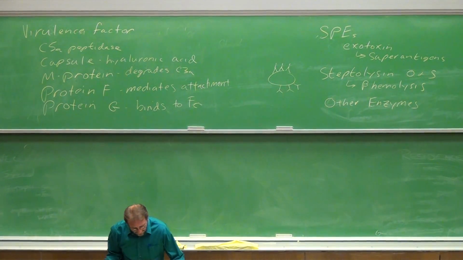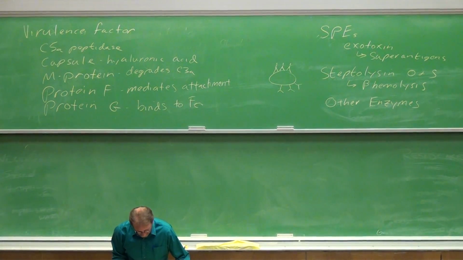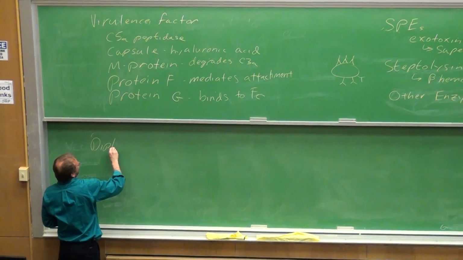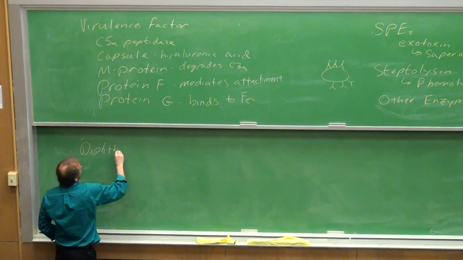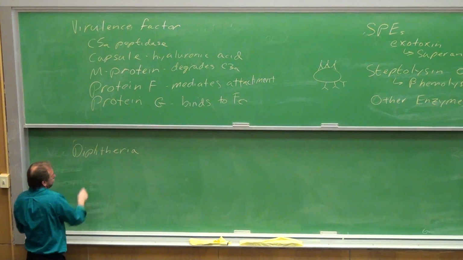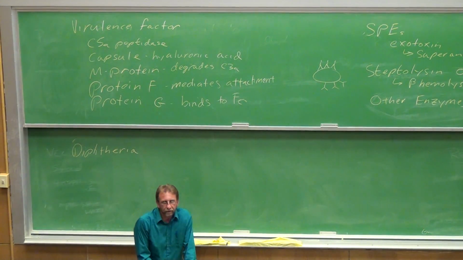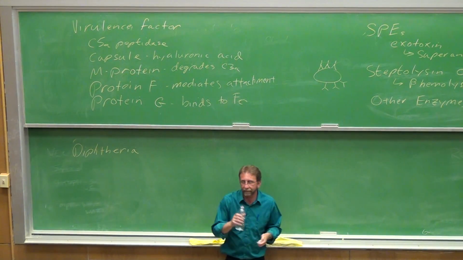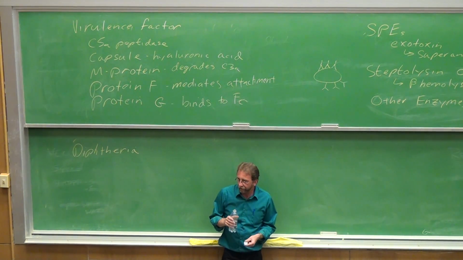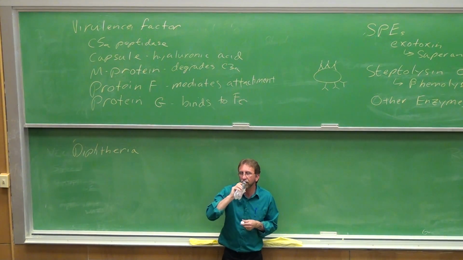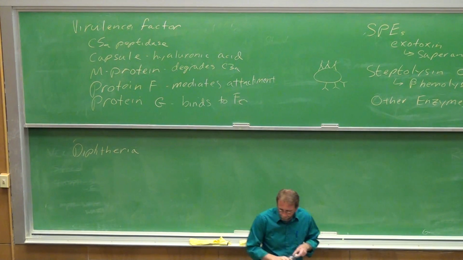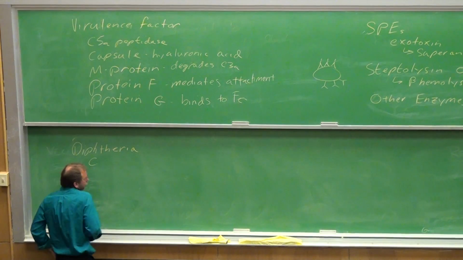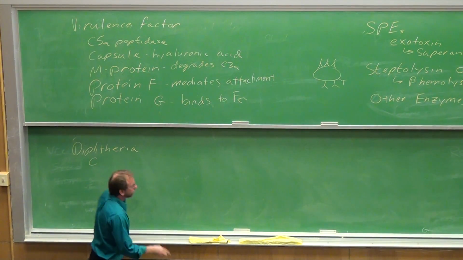So let's continue to talk about diseases of the upper respiratory system. Diphtheria. A disease that you're immunized for very early in life with the DPT vaccine, the diphtheria, pertussis, tetanus vaccine. Diphtheria is caused by Corynebacterium diphtheriae.